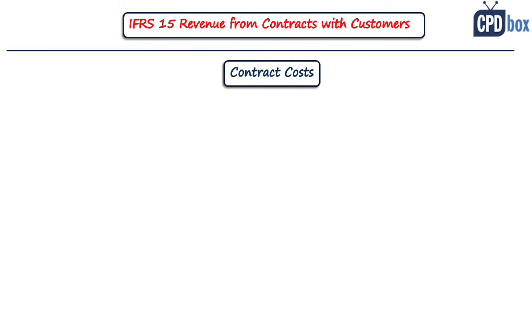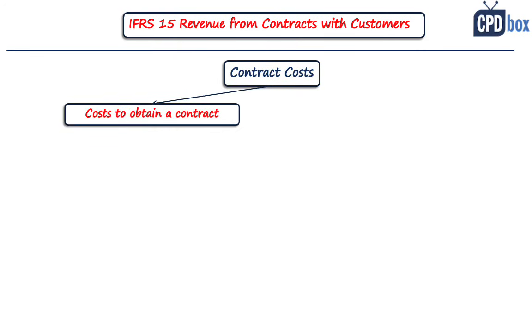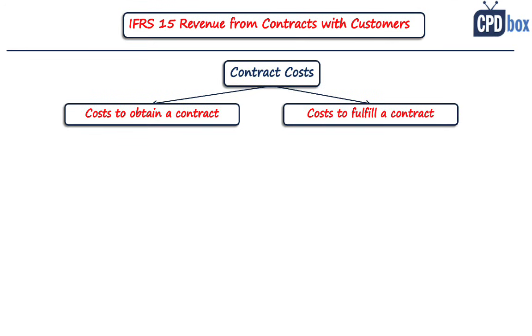IFRS 15 specifies the accounting treatment of costs to obtain a contract and costs to fulfill a contract. Costs to obtain a contract are incremental costs. In other words, costs that would not have been incurred without obtaining that contract. For example, sales commissions paid for the acquisition of the contract.